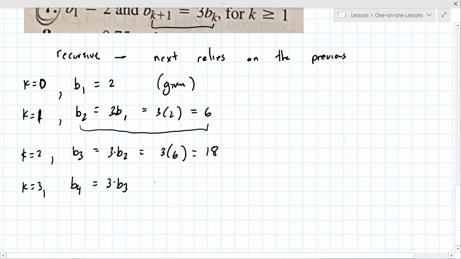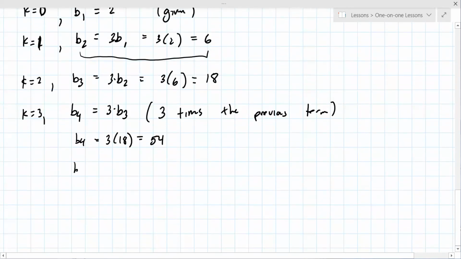In other words, it's 3 times the previous term. So 6 is 3 times 2. 18 is 3 times 6. B sub 4 is going to be 3 times 18, which is 54. That's b sub 4. So b sub 5, the fifth term, is going to be 3 times this.